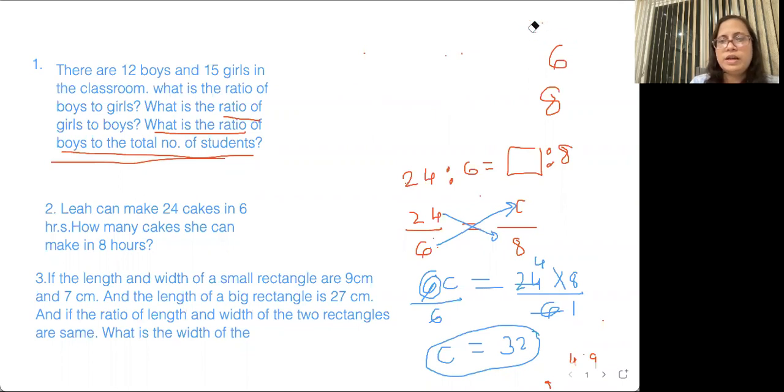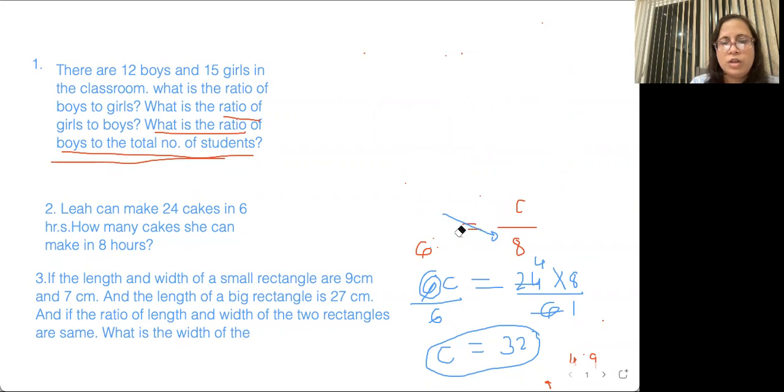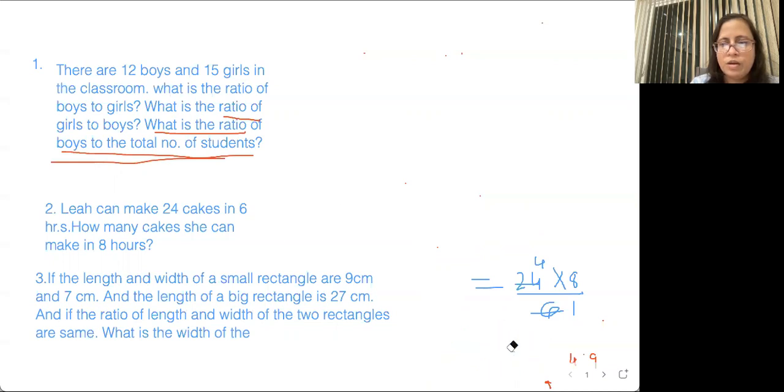Suppose the problem is like, if the length and width of a small rectangle are 9 centimeter and 7 centimeter, and the length of a big rectangle is 27 centimeter, and the ratio of length and width of these two rectangles are the same, what is the width of the big rectangle? Okay, let's find out the width of the big rectangle.